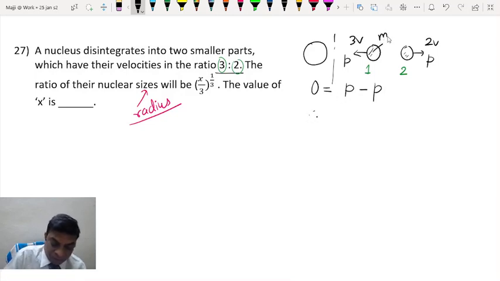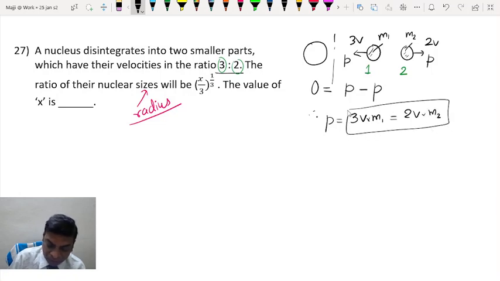If I take the masses as m1 and m2, then p is equal to numerically 3v into m1. Also p is equal to 2v into m2. So from this, we get the ratio of masses m1 by m2 as 2 is to 3.